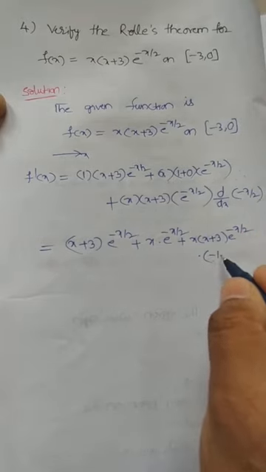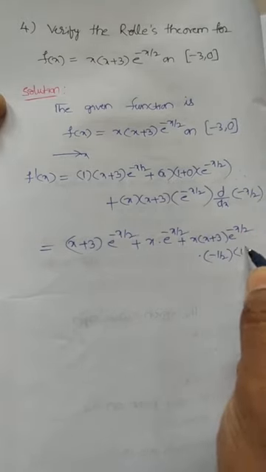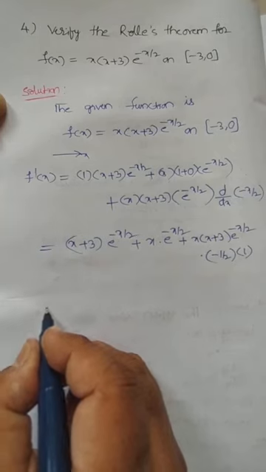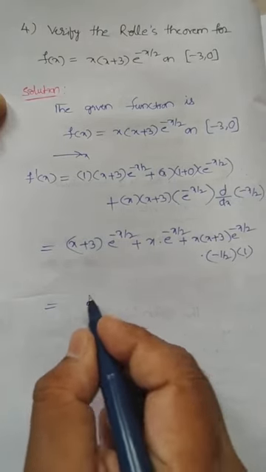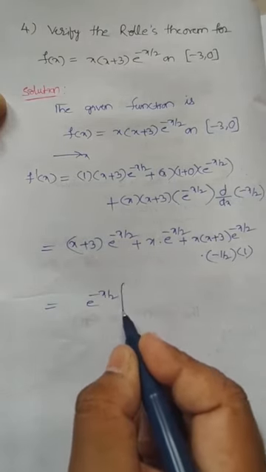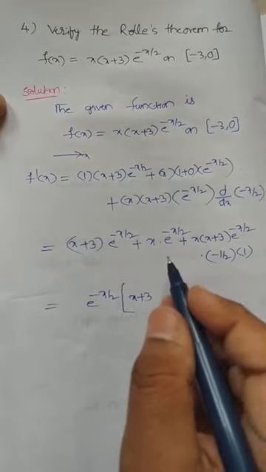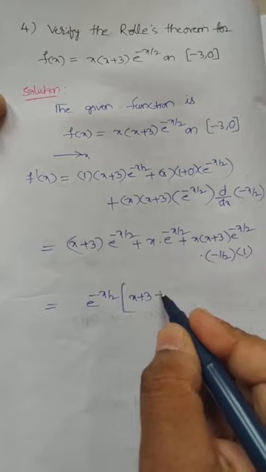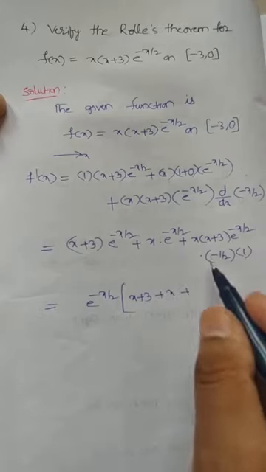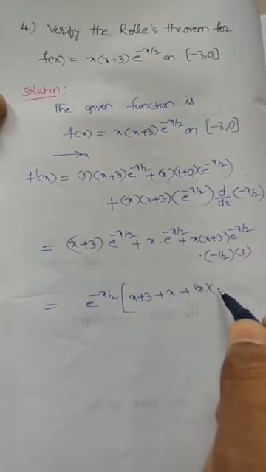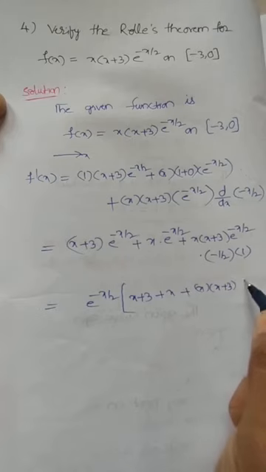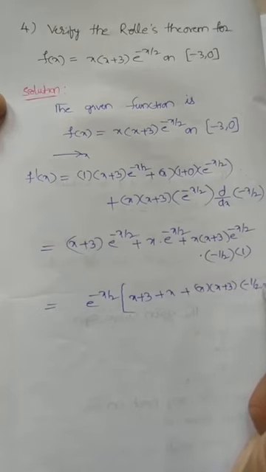So minus 1 by 2 is the constant term, x derivative is what now? 1. In all these terms e power minus x by 2 is the common term. Here remains x plus 3 and here remains x, and here what? x into x plus 3 into minus 1 by 2.